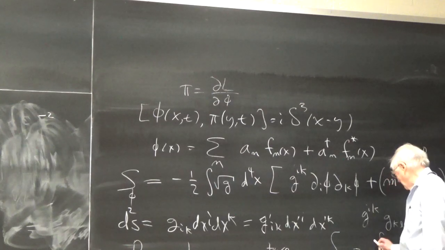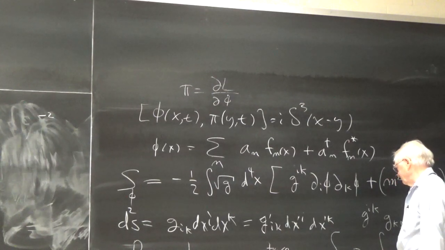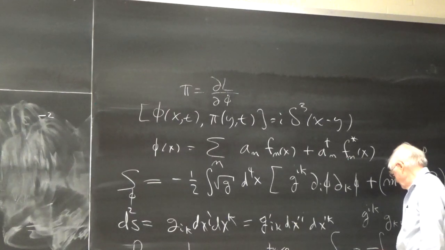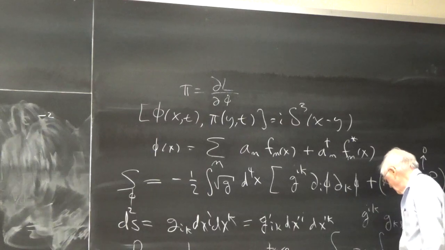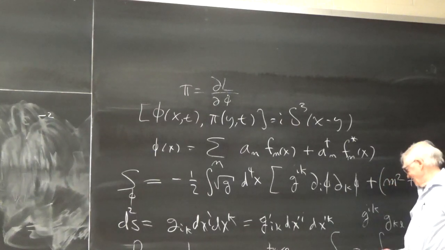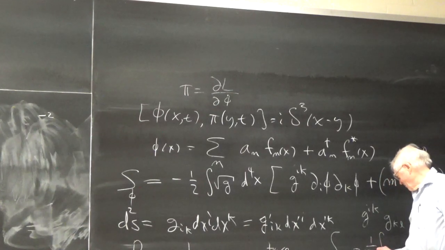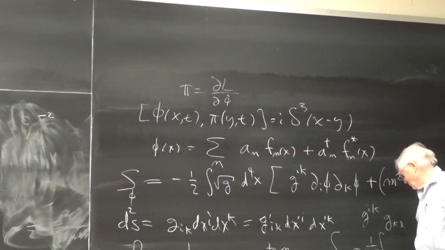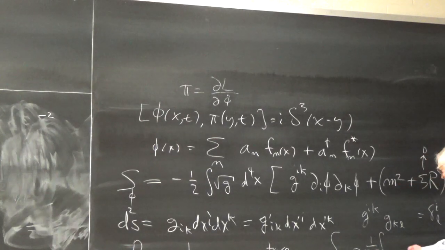It's something like 1 over 8 pi G. I don't know whether it's plus or minus, and it's R square root of g d4x. So that's actually the Einstein action.